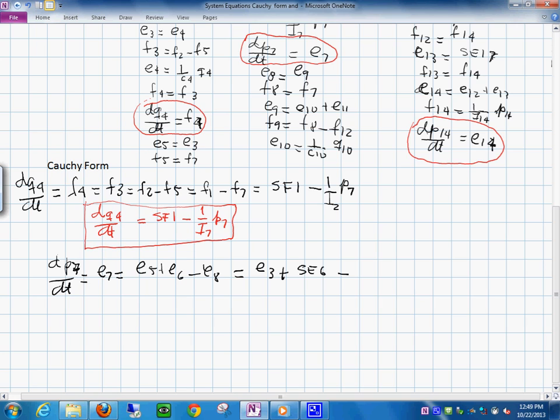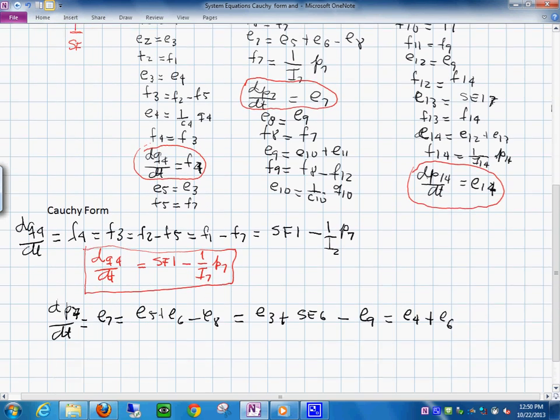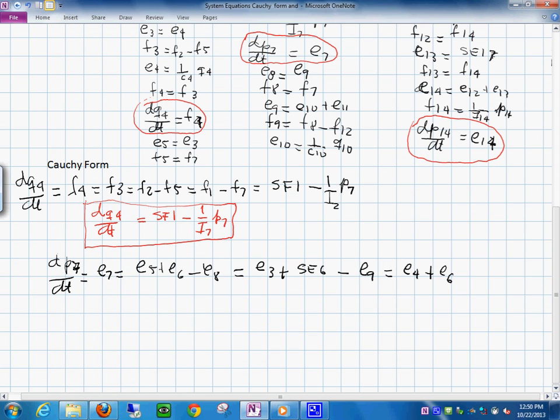F14 is 1 over I sub 14 P14. Okay, we have this, that is our F11 in here.